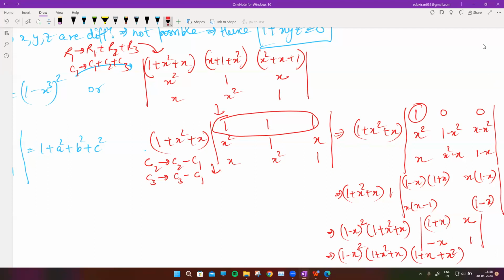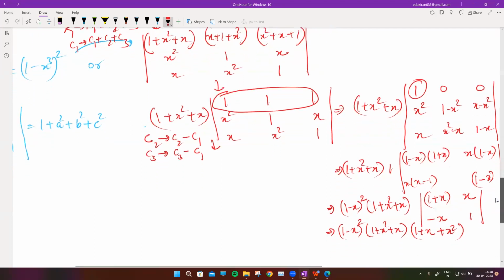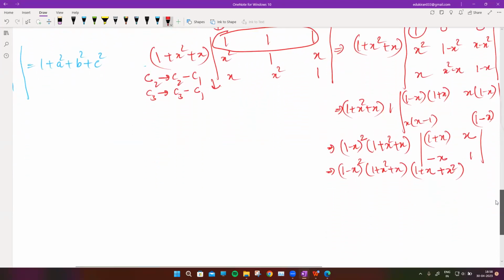Now my question is, first you reach till this point and tell me if you didn't understand any of this. After the point we got 1, 1, 1, we should be able to solve this.